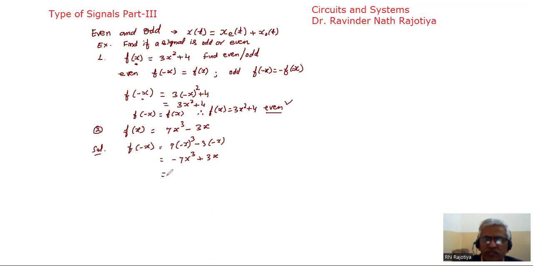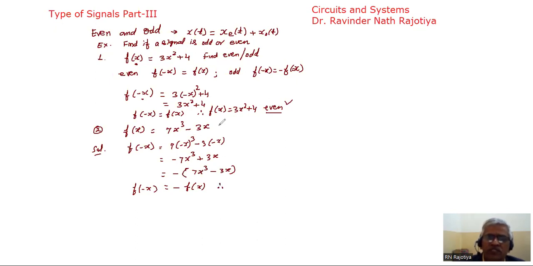which is nothing but, if I take the minus common outside, -(7x^3 - 3x), which is equal to -f(x). So what do you see? That f(-x) is equal to -f(x).